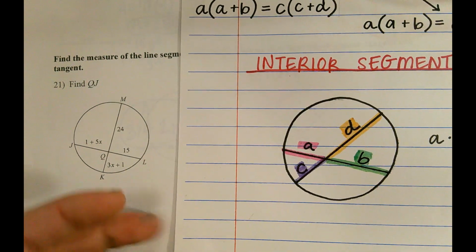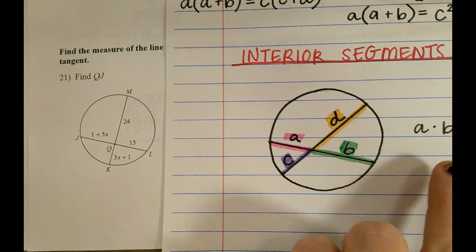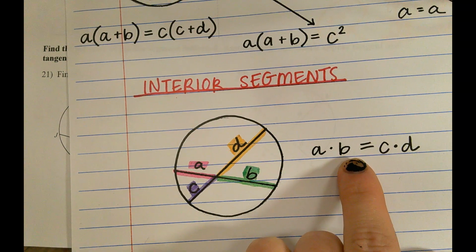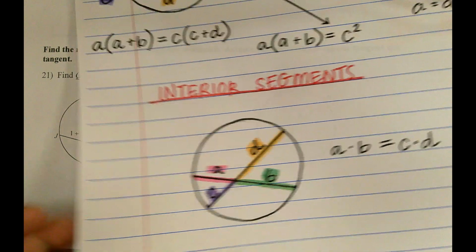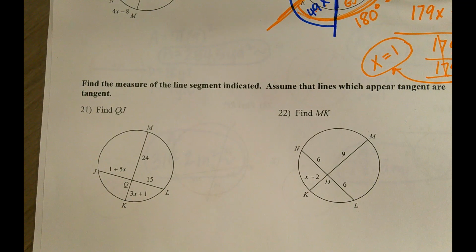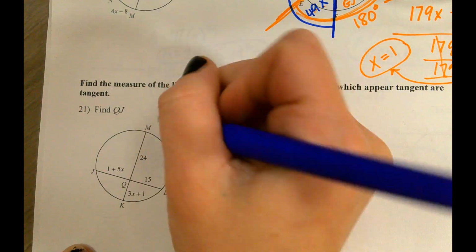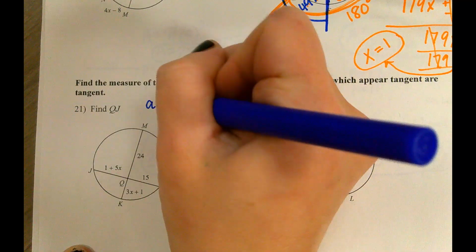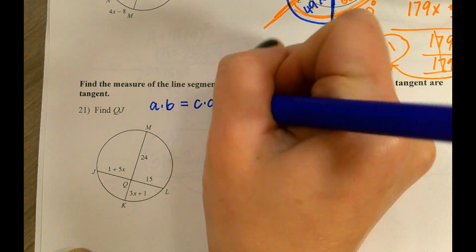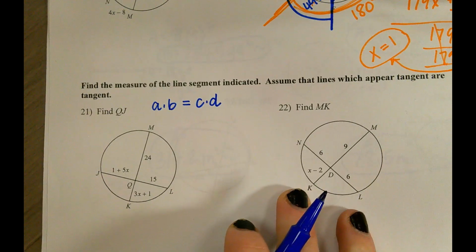These are interior segments. So we're going to be using the interior formula. A times B equals C times D. So I'm going to write that formula off to the side. A times B equals C times D.